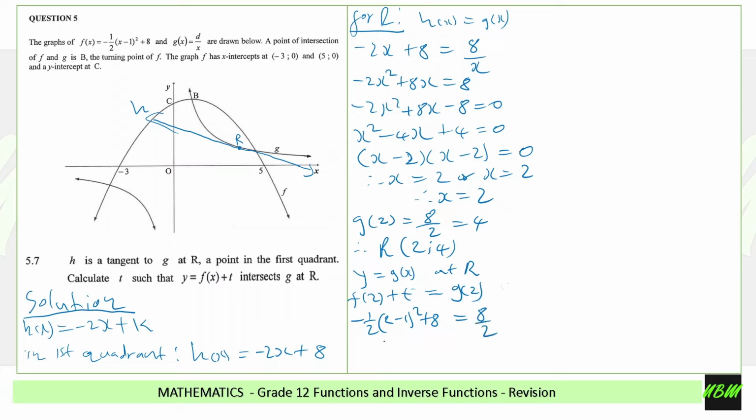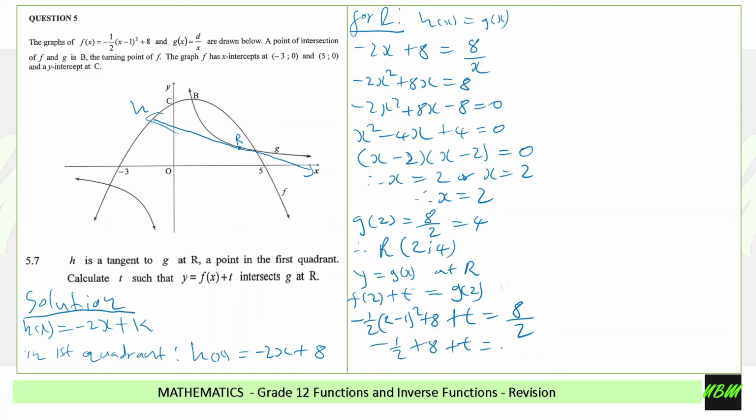On the left hand side, when you simplify, you will get minus 1 over 2 plus 8 plus t.